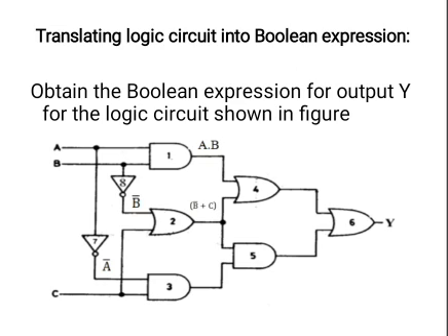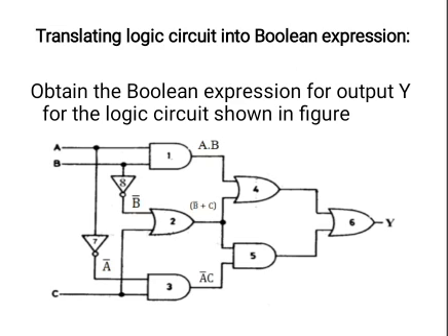The inputs are B complement and C. These two are added, that means B complement plus C. And next, observe gate 3. The first input is A complement and the second input is C. These two are ANDed because we are using the AND gate. So A complement into C.